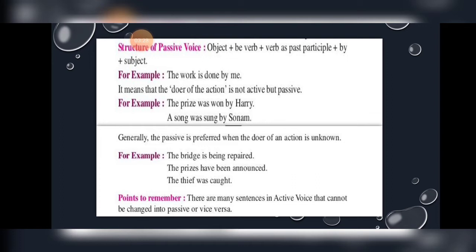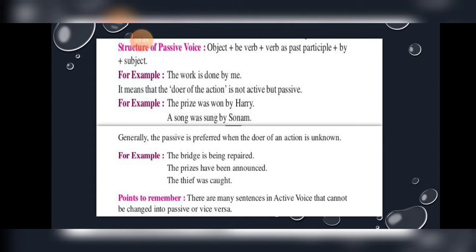The prize was won by Harry. Who won the prize? Harry. So Harry is the doer, but it is at the end and it is passive, so it is passive voice. Same is in the third example. A song was sung by Sonam.